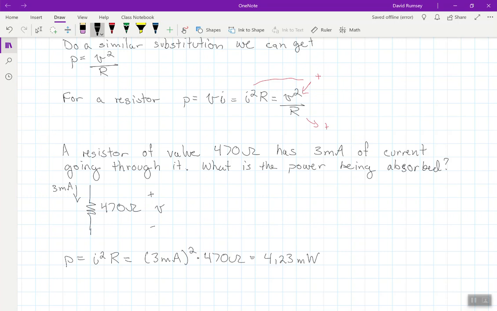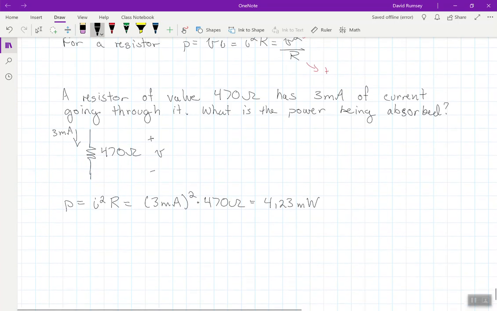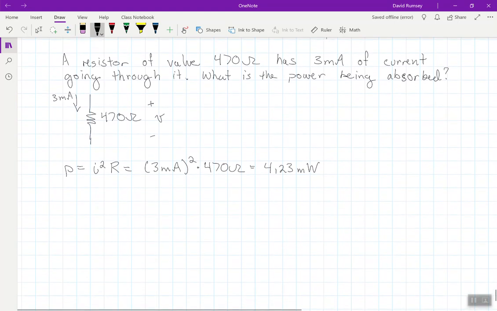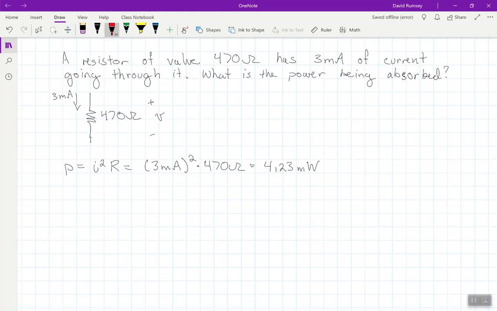Now, that's the quick, short way that I would probably have done this problem. But that doesn't mean it's the only way. We could have instead said, well, wait, I could figure out what this voltage is. We could find V. Using Ohm's law, V is equal to resistance times my current, 470 ohms times 3 milliamps.